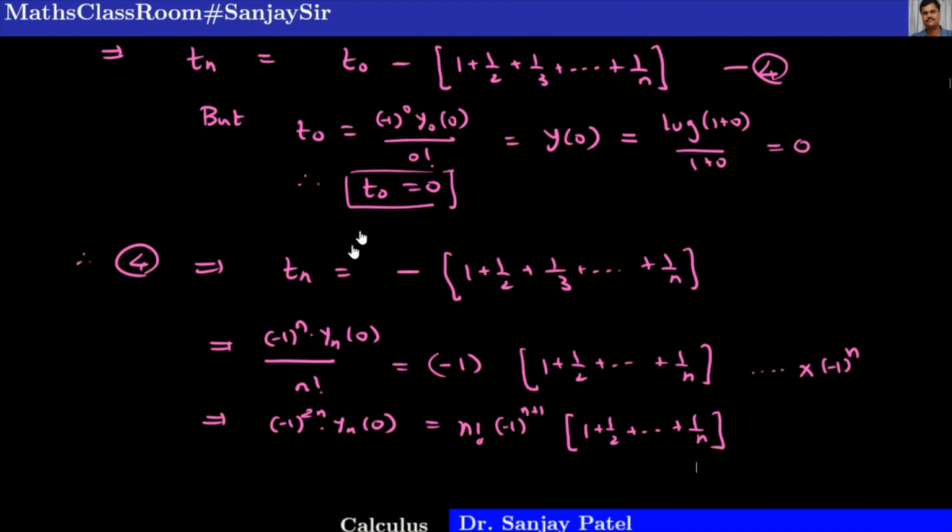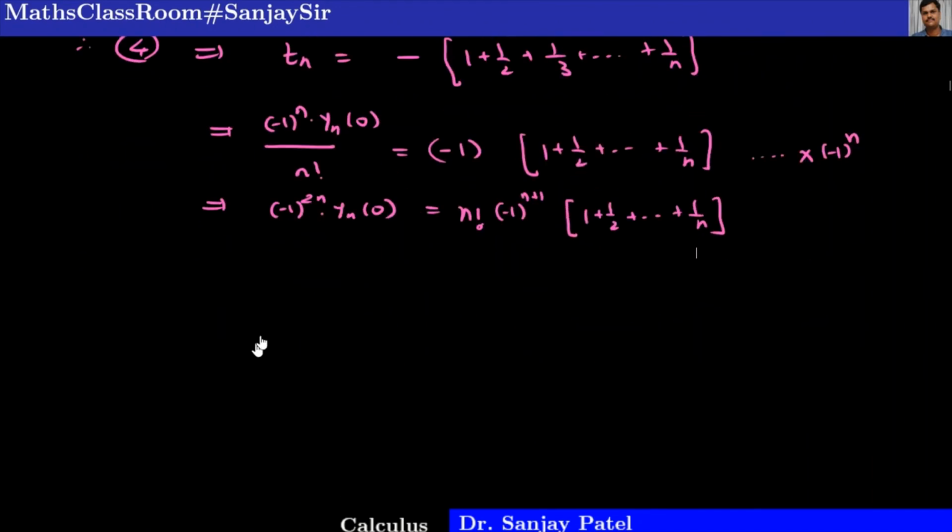Okay, so this gives the required result. Minus 1 raised to 2n is plus 1, so yn 0 is given by n factorial into minus 1 raised to n plus 1 into 1 plus 1 by 2 plus 1 by 3 up to 1 by n.